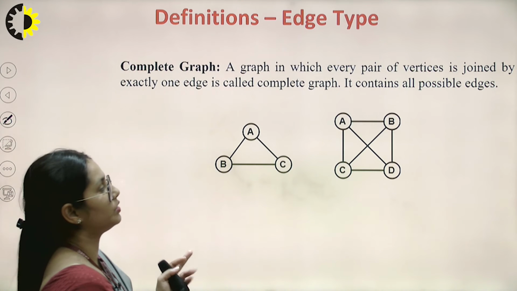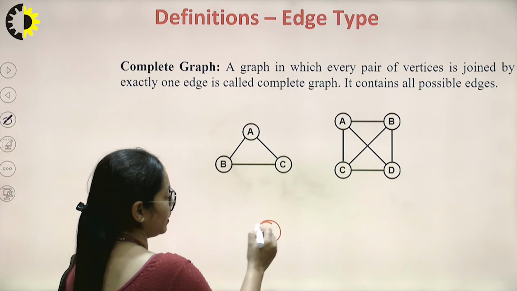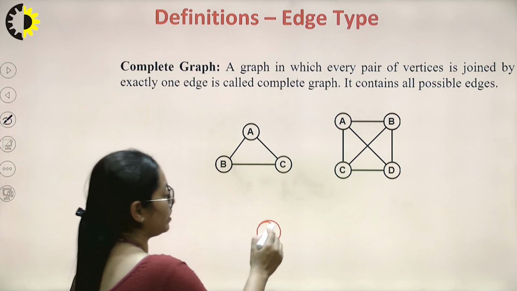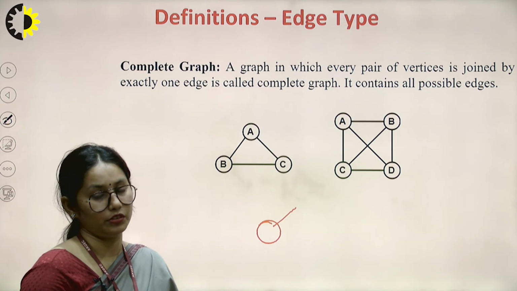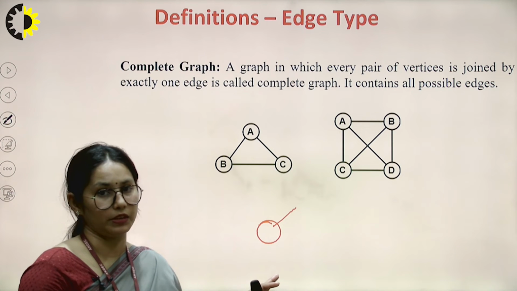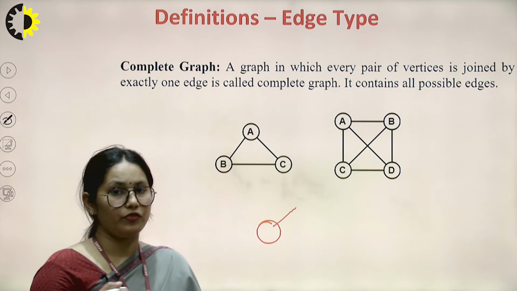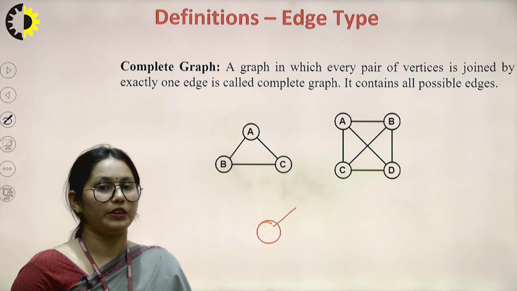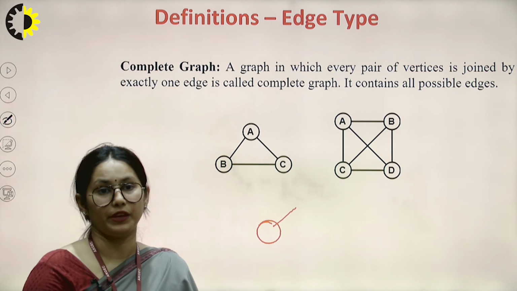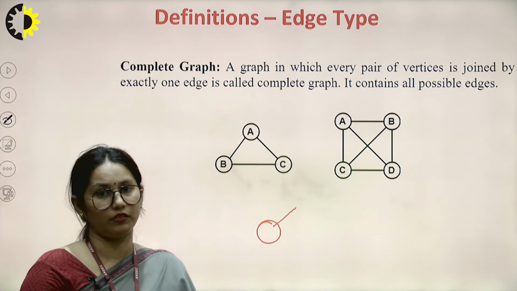It doesn't mean that from one node only one edge is available. It means that whatever vertices you have, they should be connected with one edge to another particular node.